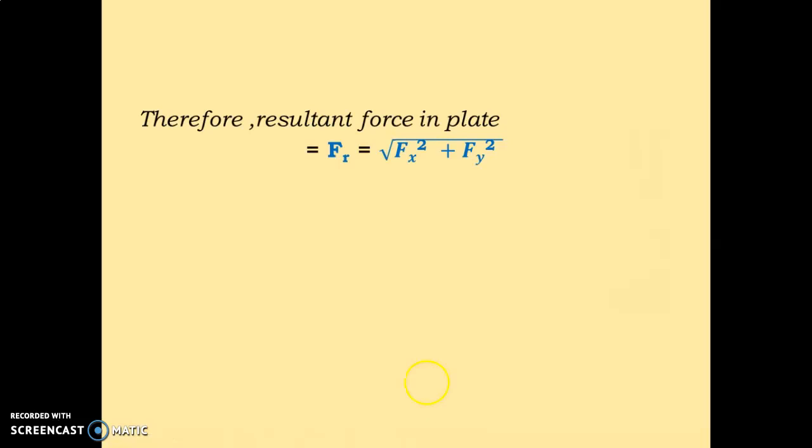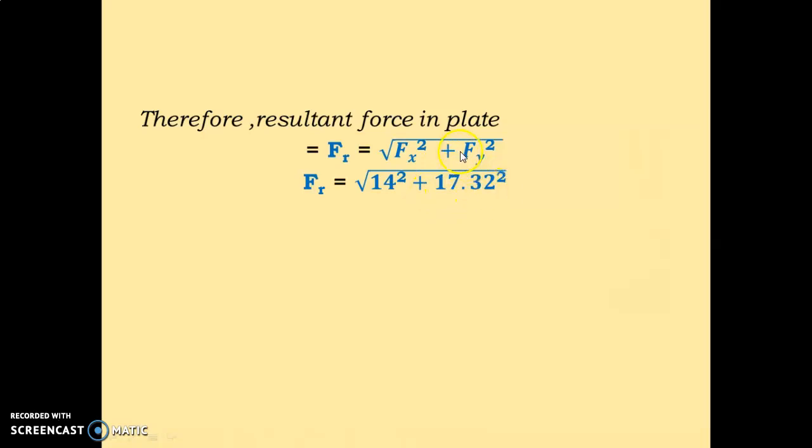Therefore the resultant force Fr will be the square root of Fx square plus Fy square, based on the law of parallelogram of forces. So what is Fx? It is 14, and Fy is minus 17.32.